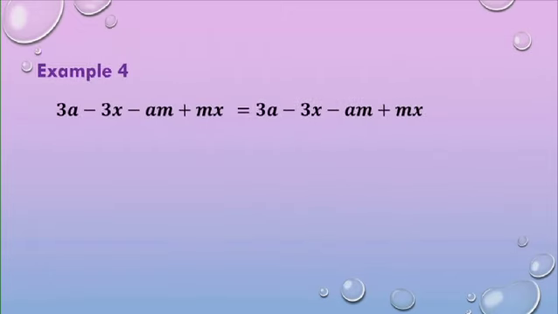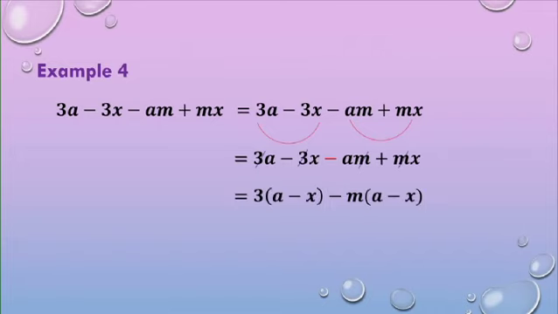One more example where we are going to have a negative sign in front of brackets. There are two different groups. In the first group we have 3a minus 3x, where 3 is common. And in the second group, we have the letter m as common factor. Since we are having a negative sign in front of m, you will see that the sign inside the bracket containing a and x, there is a change in the sign. The positive sign has changed into negative sign.